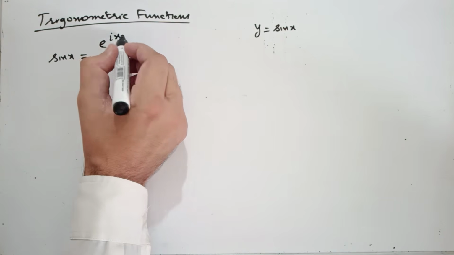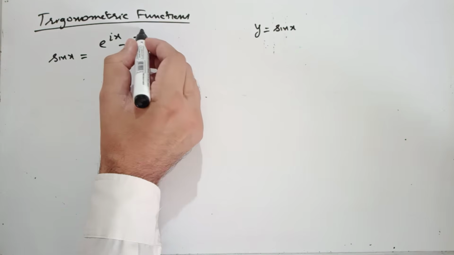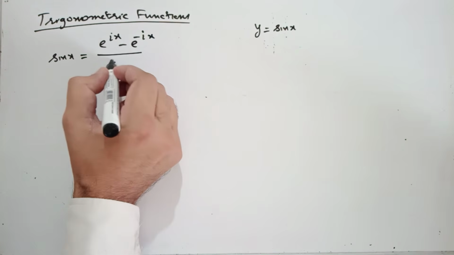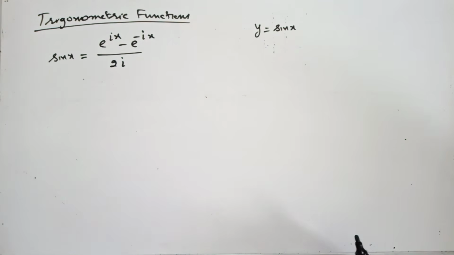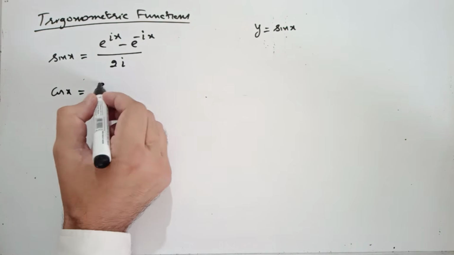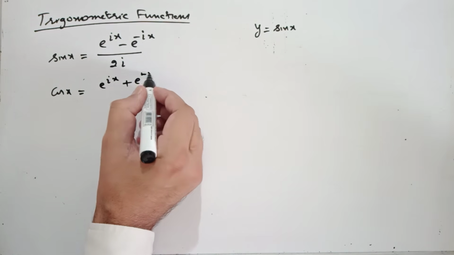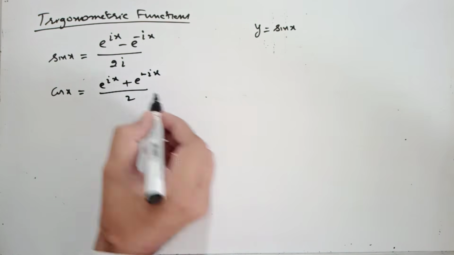Sin x can be written as e power iota x minus e power minus iota x divided by 2 iota, using the Euler notation. And cos x can be written as e power iota x plus e power minus iota x divided by 2.